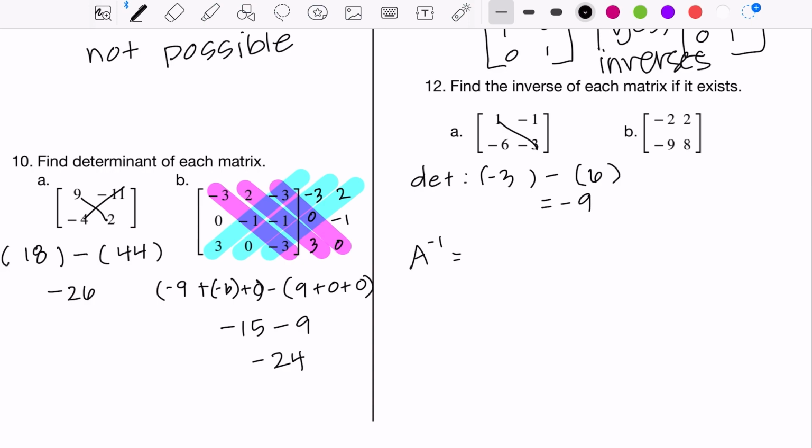And the inverse is 1 over the determinant, and then you switch the place of the first diagonal, and then switch those and opposite those. So you need to do the opposite sign. And then this is a scalar out in front. So now we're going to multiply that in.